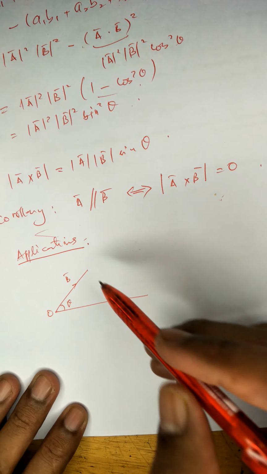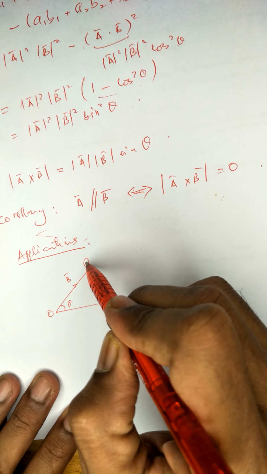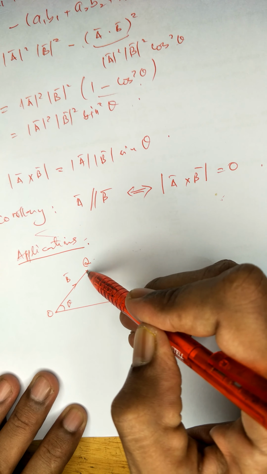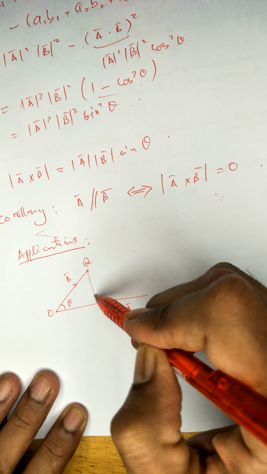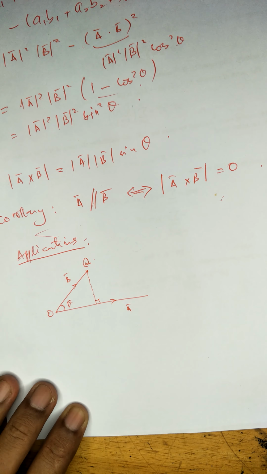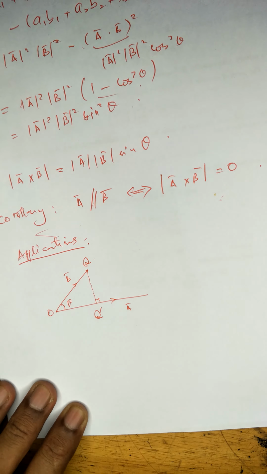Of course, if we project this point here, let's call this point Q, on vector A, this is perpendicular to that, so let's call this projection Q prime.